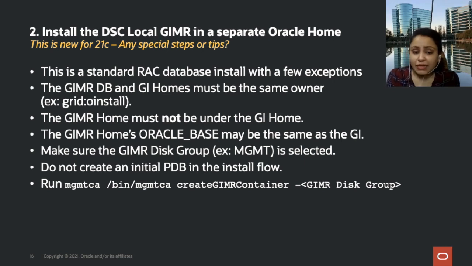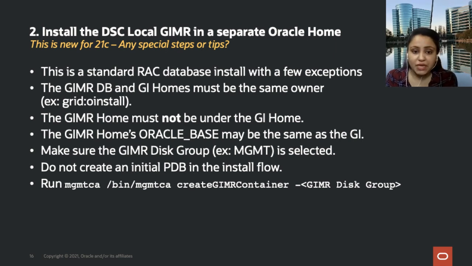And you do not need to create the database. The MGMTCA command will do the creation of the database and the deployment underneath. The GMR DB home and GI home must be under the same owner, just like Grid install. So they have to be under the same owner.